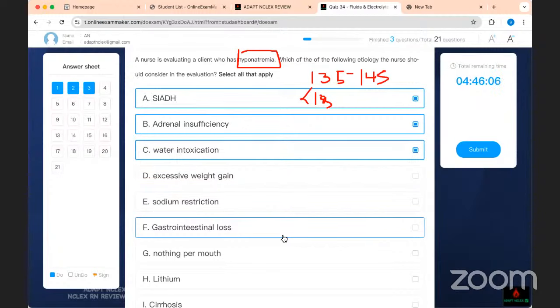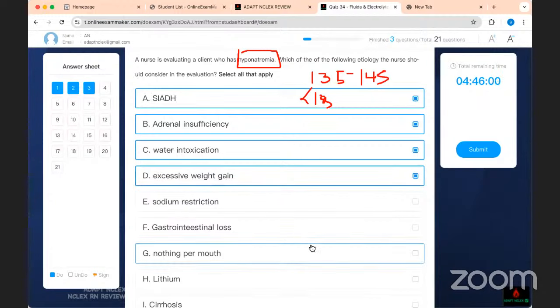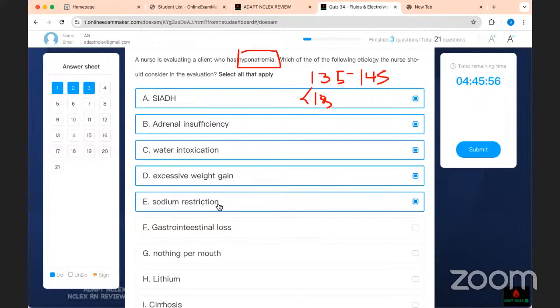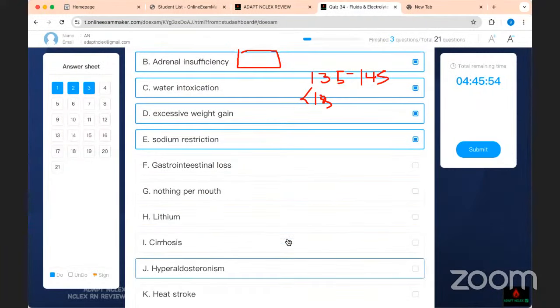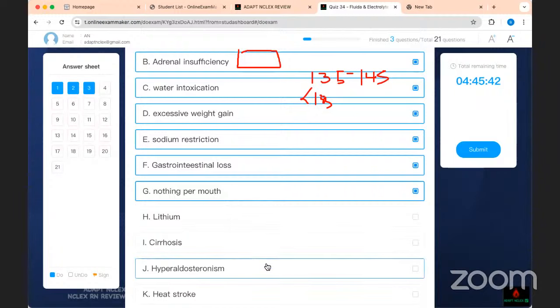If you gain a lot of weight, you're going to retain water. You become hyponatremic. If you're not taking a lot of salt, you become hyponatremic. If you have a lot of diarrhea, you're going to lose all your salt, right? If you're NPO, nothing by mouth, no salt.